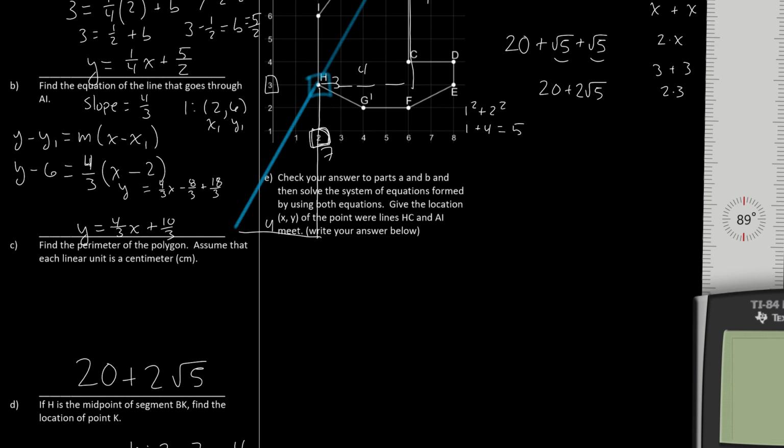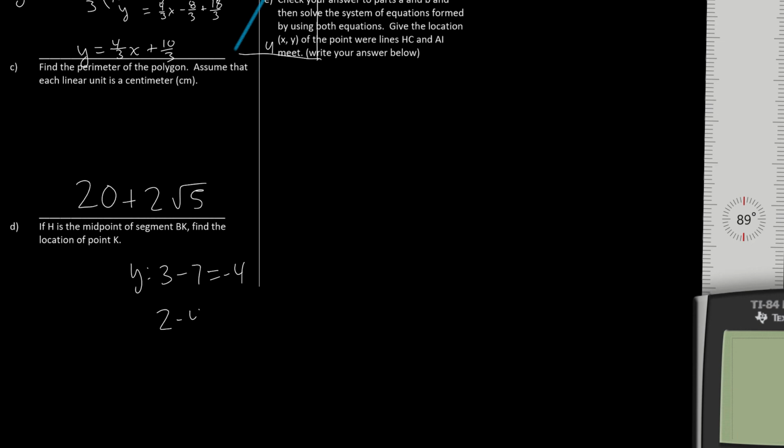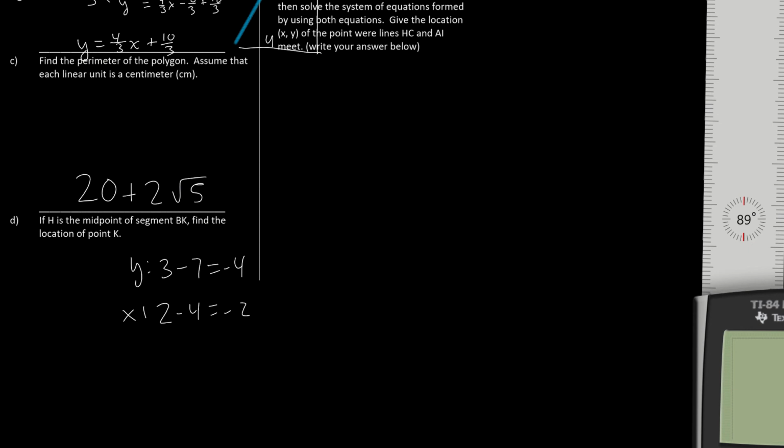So 2 minus 4 is negative 2. So the x value should be at negative 2. That means the location of point K should be at the spot where x is negative 2 and y is negative 4. So negative 2, negative 4 is the location of K.